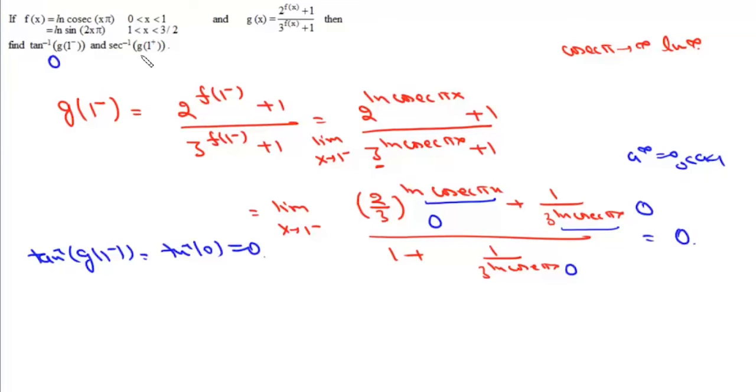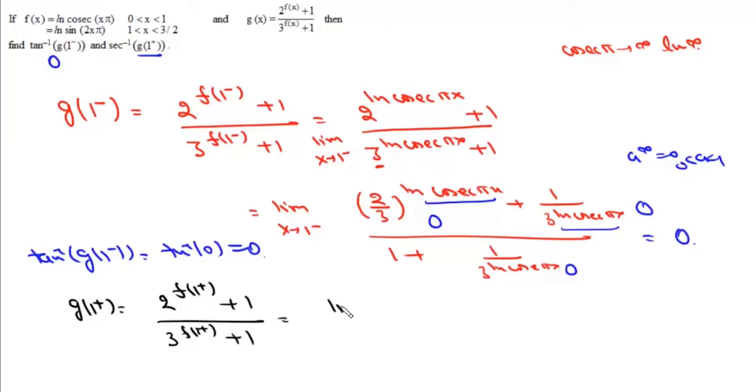Now in the second part it says secant inverse of g1 positive. Now if we look at g1 positive, it will be 2f1 positive plus 1 and 3f1 positive plus 1. Now when x is greater than 1, fx is log sine 2x pi.